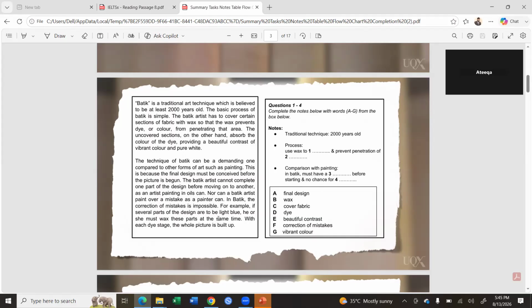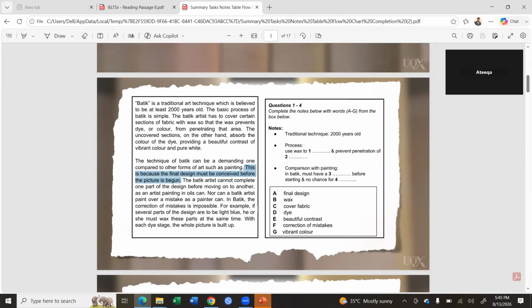No, you can see here. It says, okay, so this is because the final design must be conceived before the picture is... Embatics must have a dash before starting.